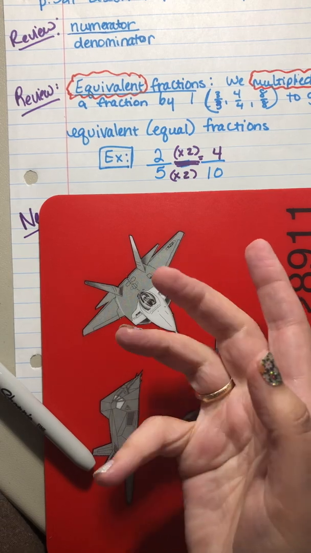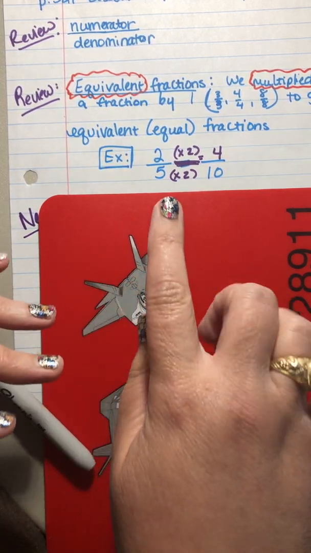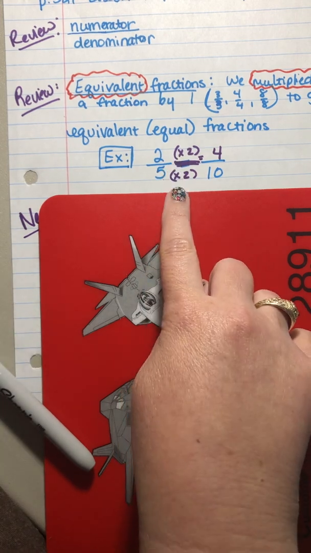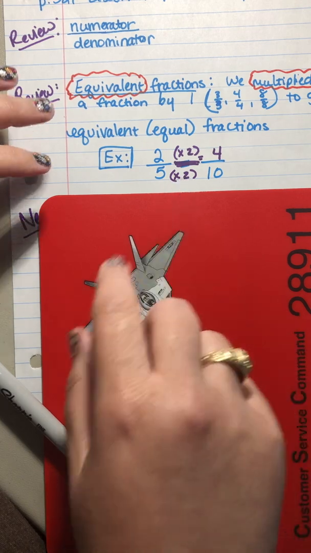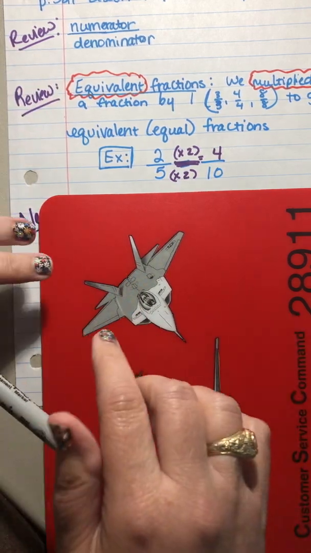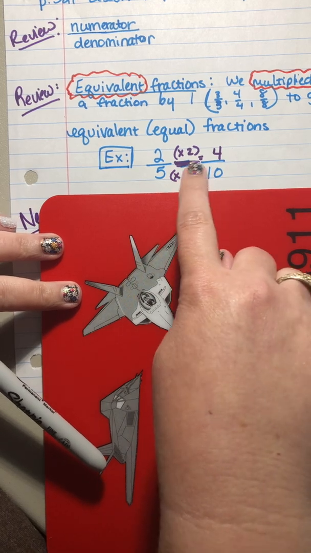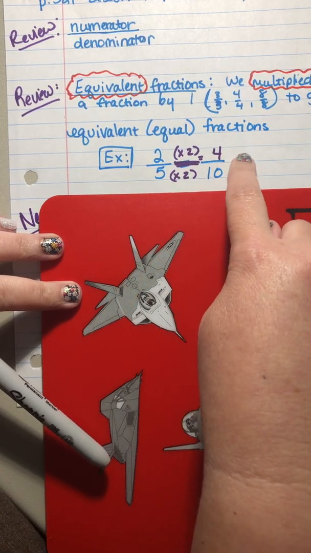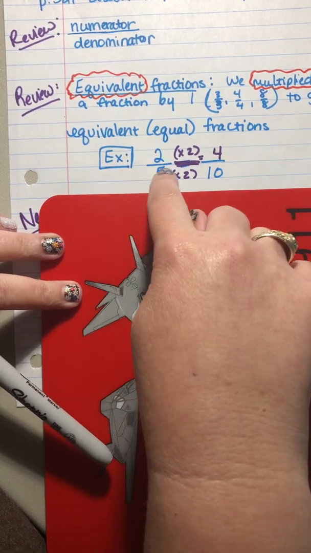Today, it's almost like we're going to be doing the opposite of that. Many times we've talked about what is the opposite of multiplication. The opposite of multiplication is division. So today we're going to be using division to go from larger numbers in the fraction to smaller numbers in the fraction.